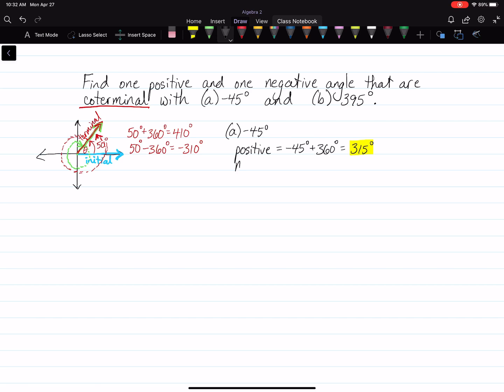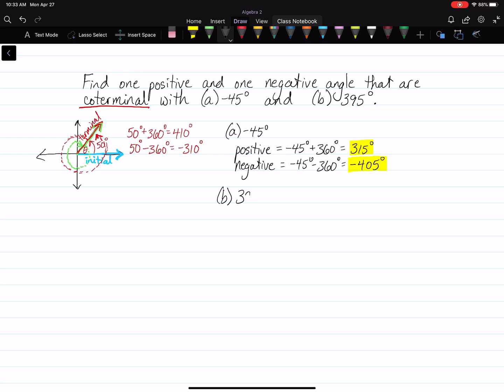For the negative, it's already negative, so I just need to subtract 360 degrees. That would be negative 405. So for negative 45 degrees, 315 degrees would be a positive coterminal angle, and negative 405 degrees would be a negative coterminal angle. Let's try part B.